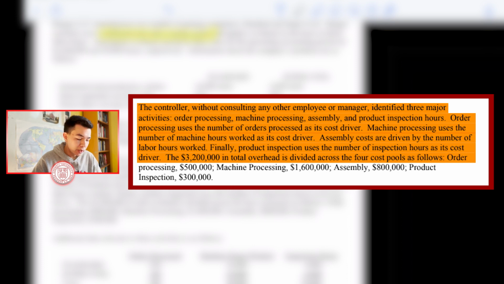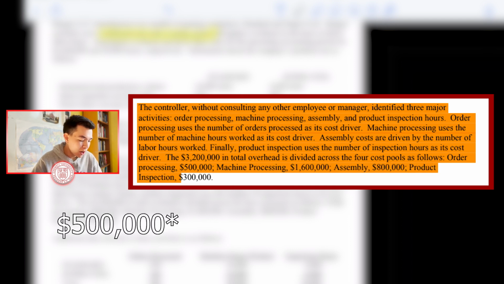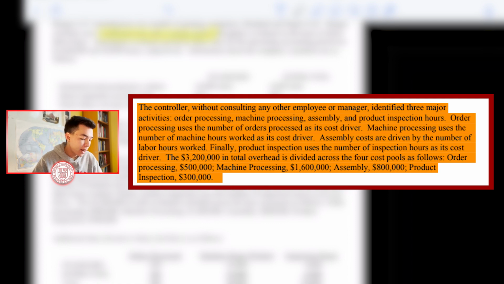The $3.2 million in total overhead is divided across 4 cost pools as follows: order processing, $500K, machine processing, $1.6 million, assembly, $800K, and product inspection, $300K. So what's going on here is in ABC costing, you use multiple things to allocate your overhead. Instead of only using one thing, you use 2, 3, 4, or even 5 things to allocate your overhead.